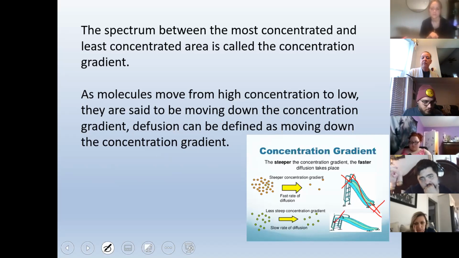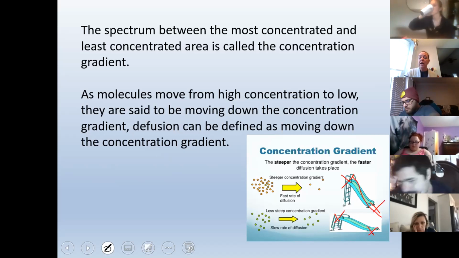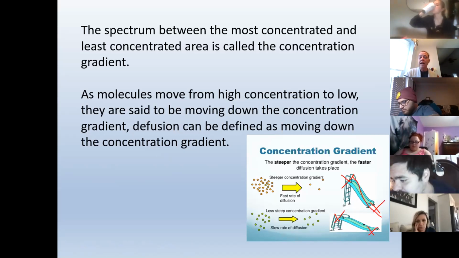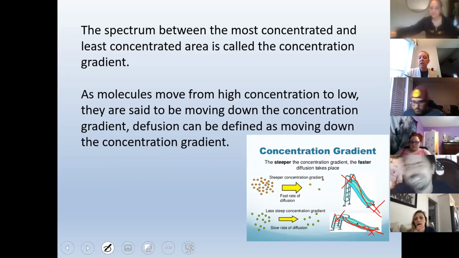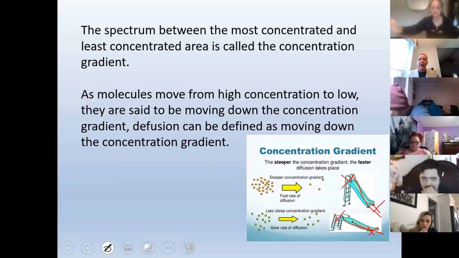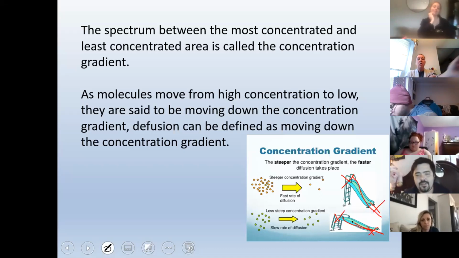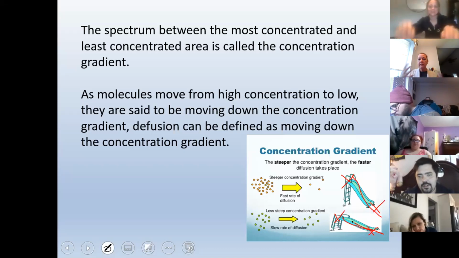Here we have the high and the low, and we really don't have a whole lot of difference between the two, which equals the lamest slide ever. You're going to have to push yourself down the slide. So that's what we're talking about when we refer to the concentration gradient.